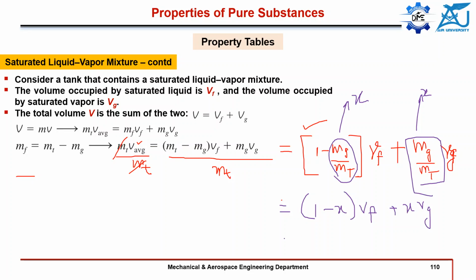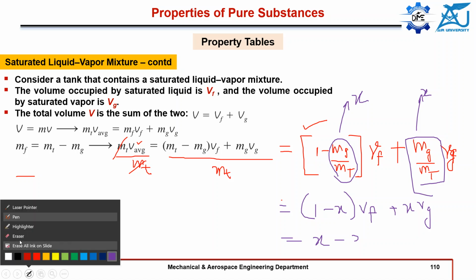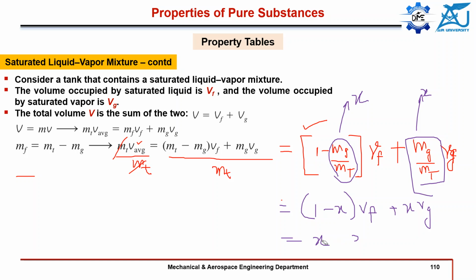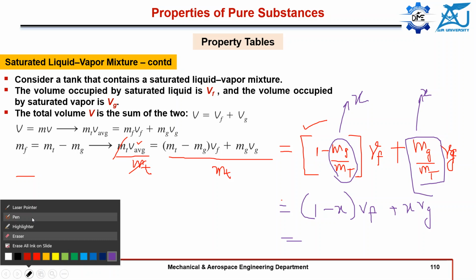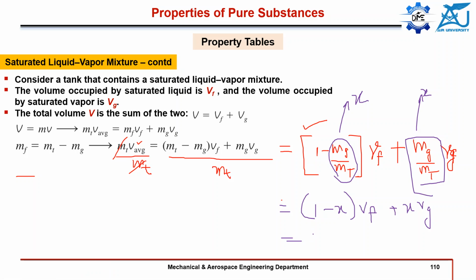Similarly, if I take vf inside the brackets, this will be vf minus x vf plus x vg.